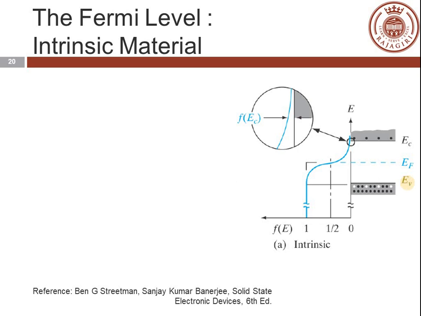First of all, we will be seeing the intrinsic material. For intrinsic material, at 0 Kelvin, we won't be having any electrons in the conduction band. When you apply some sort of energy, some electrons go to the conduction band. And for intrinsic material, the Fermi level will always lie in the middle of the energy gap.